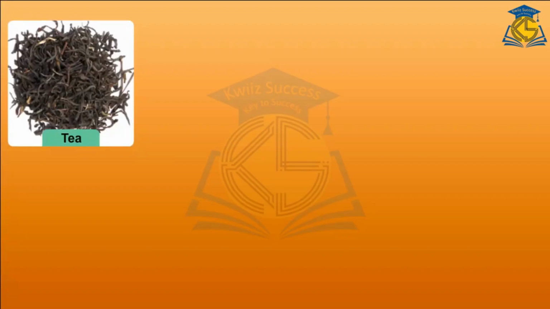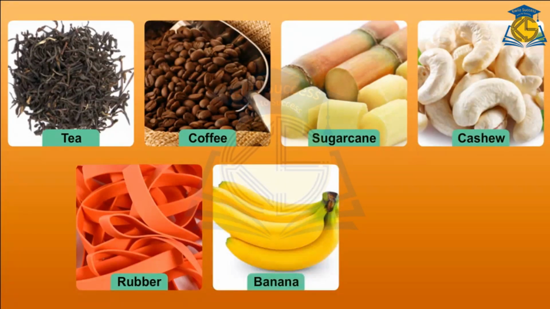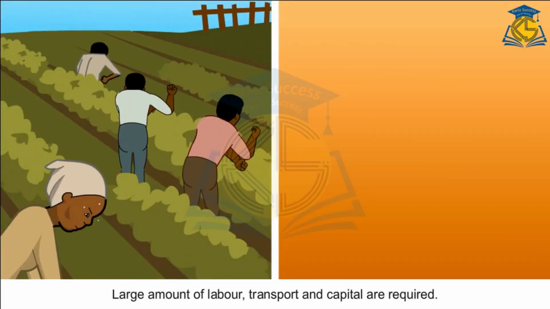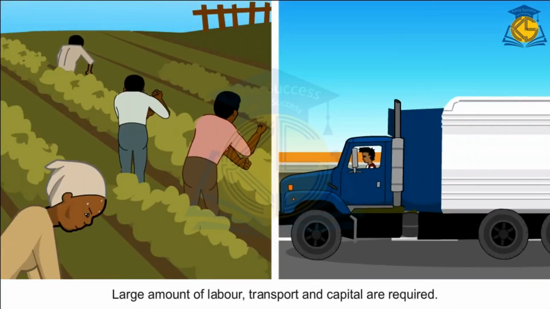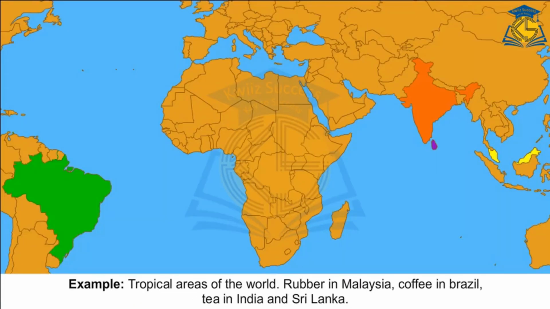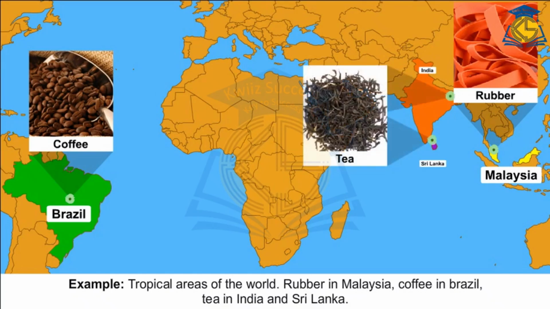Example: tea, coffee, sugarcane, cashew, rubber, banana or cotton are grown. Large amount of labor, transport and capital are required. Example: tropical areas of the world, rubber in Malaysia, coffee in Brazil, tea in India and Sri Lanka.